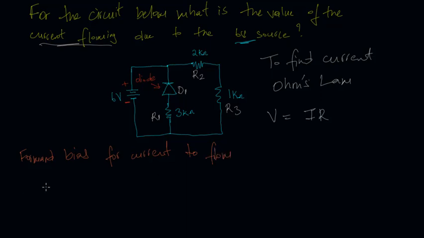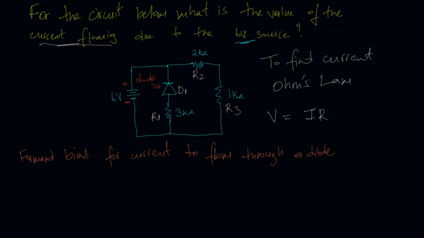So let me just write that. So for the diode, it must be connected in a forward bias for current to flow through a diode. And again, as I said, for a forward bias, we must have the positive terminal being connected to the positive side of the circuit and the negative terminal being connected to the negative side of the terminal.